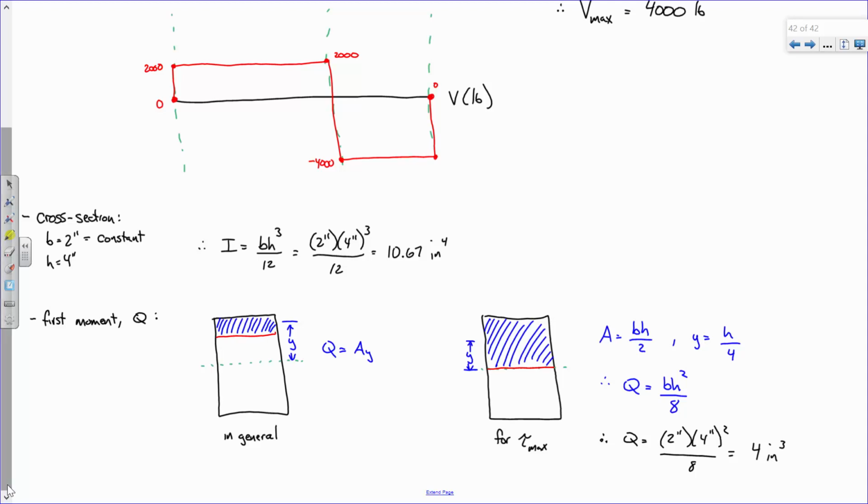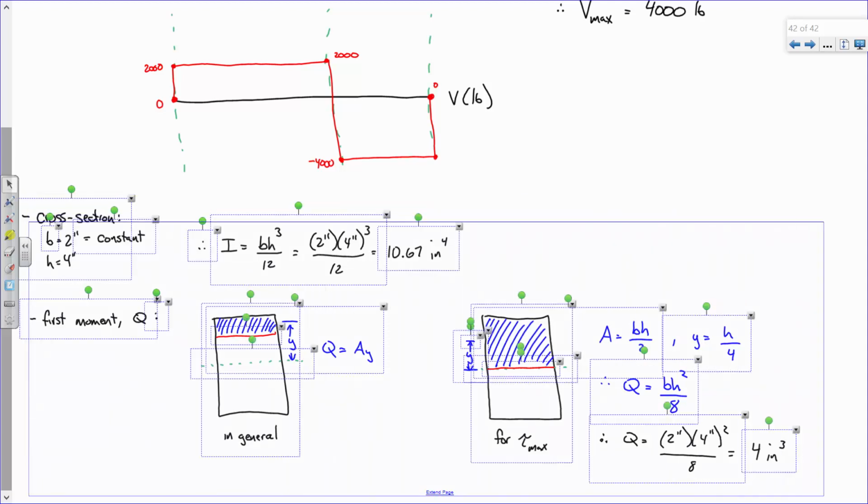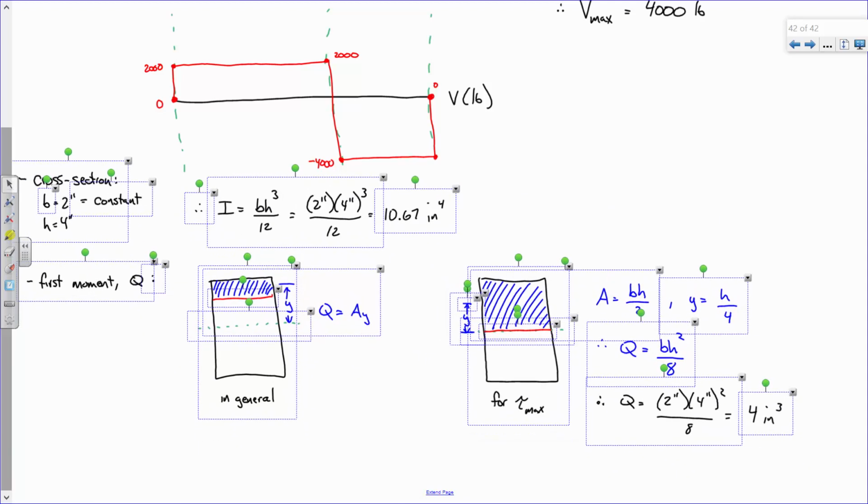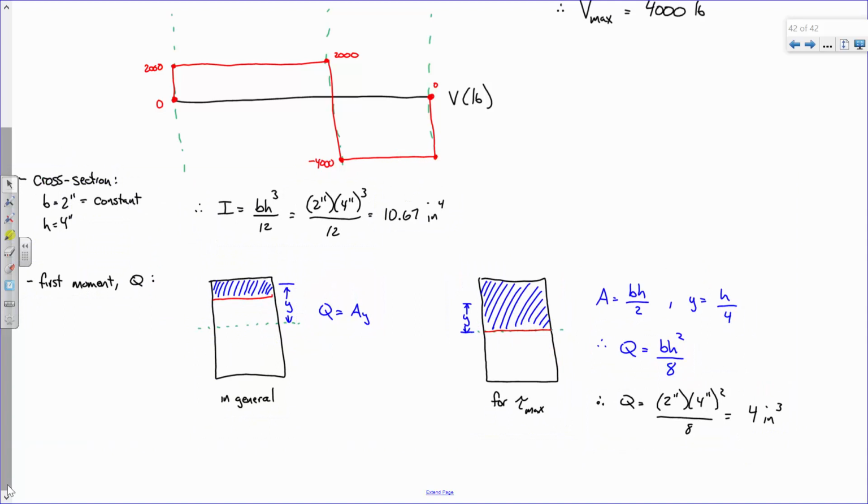So here, let me move this up a bit. So our tau max, VQ over IB.